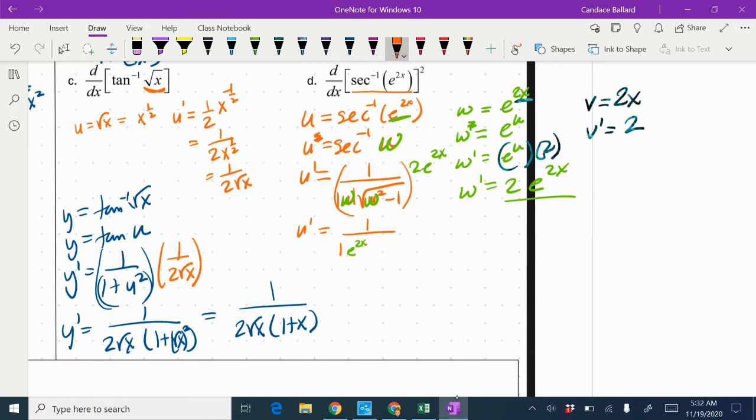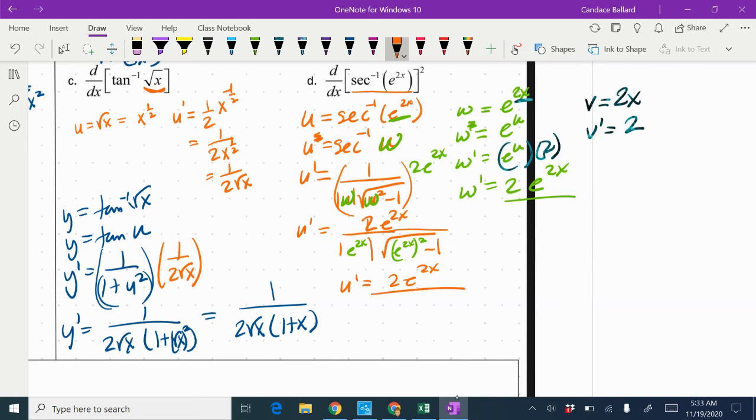So I'm going to replace that with the w, square root of e to the 2x squared, and then minus 1. And then I also have to make sure I multiply by this 2e to the 2x. I'm going to spend one line simplifying this, and then we have to go back and do the final piece of the chain.